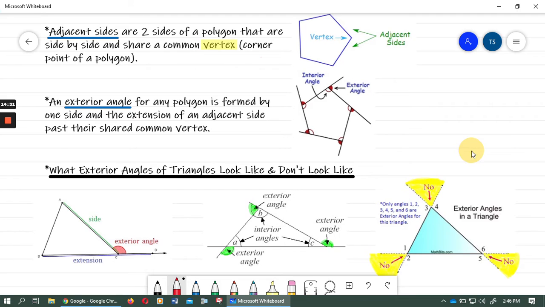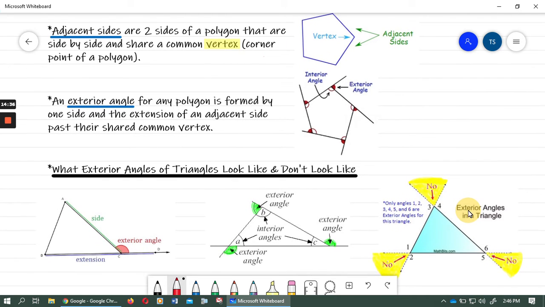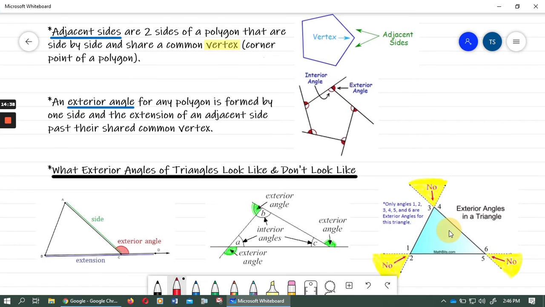And then, folks, in this last diagram all the way to the right, the website that this picture came from has their name up there. I give them total credit for it. I didn't make this picture.